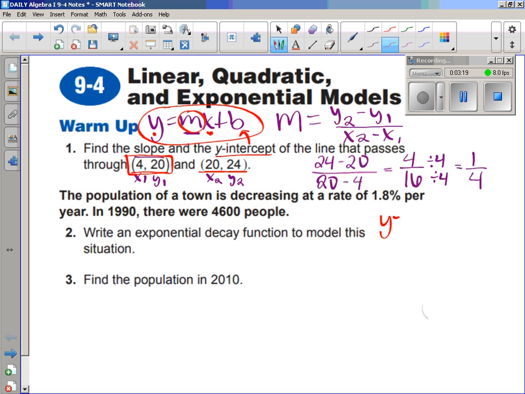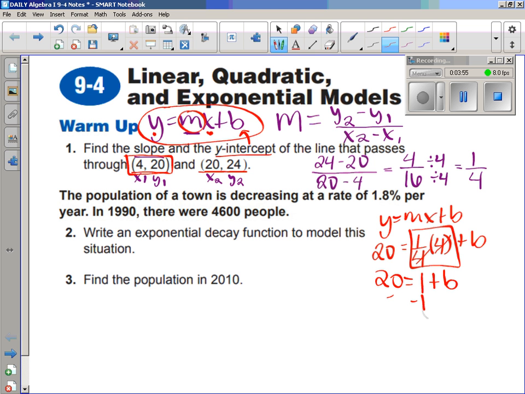So in y equals mx plus b, I'm going to replace y with 20, m with the slope that I found, which was 1/4, x with 4, and then plus b. Now, this works out nicely because 1/4 times 4 is 4/4, which is equal to 1.